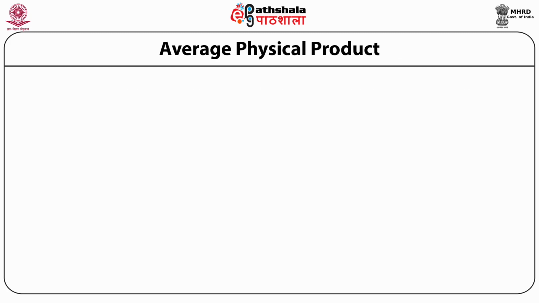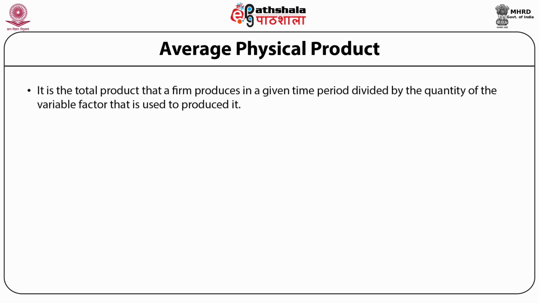Average physical product. It is the total product that a producer produces in a given time period divided by the quantity of the variable factor that is used to produce it.